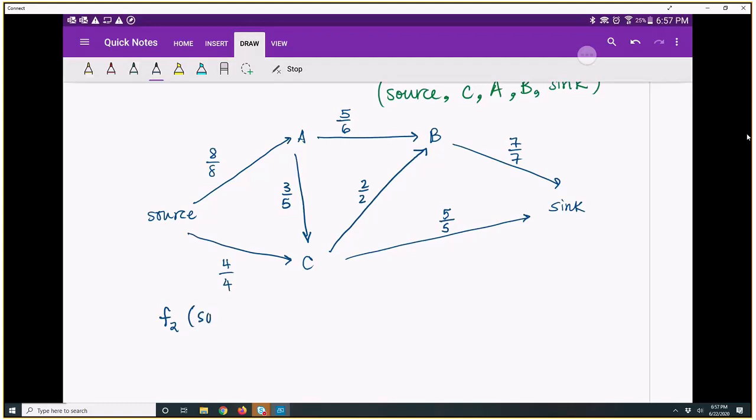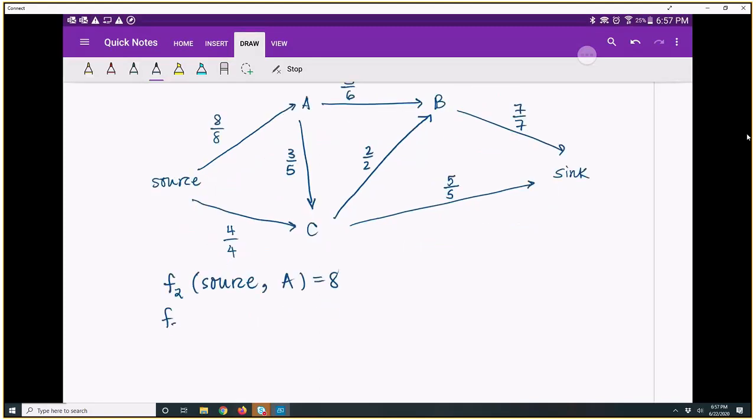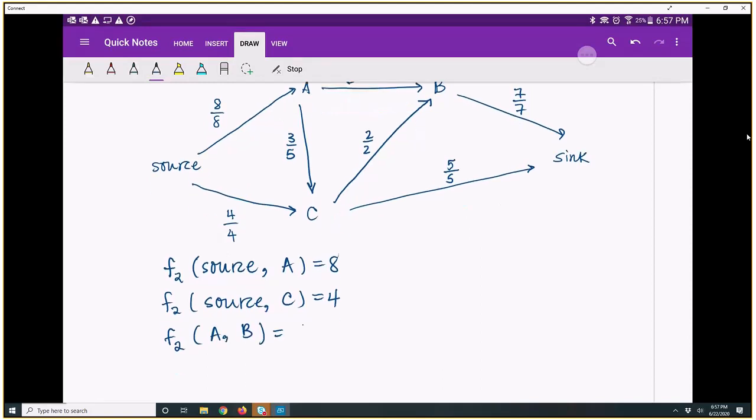F2 from source to A is 8. F2 from source to C is 4. F2 from A to B is 5. F2 from A to C is 3. F2 from C to B is 2.